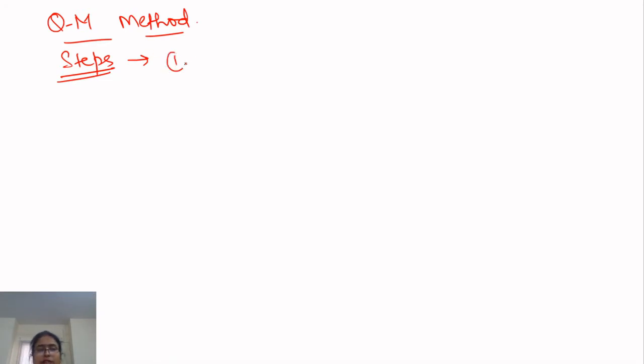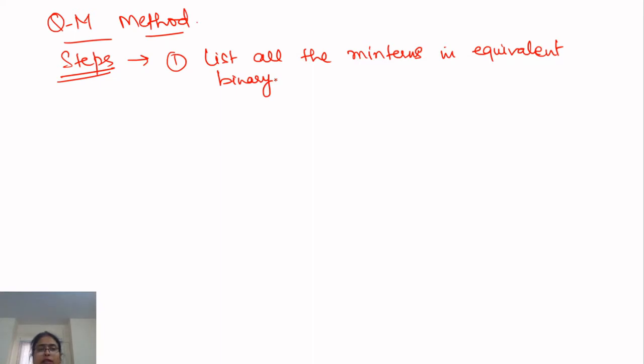Step 1 is, first of all we have to list all the min terms in their equivalent binary form. We have to write all the min terms in their binary forms. For example, if m0 is given, m3 is given, we have to write m3 like this, 0 0 1 1, in the binary form.